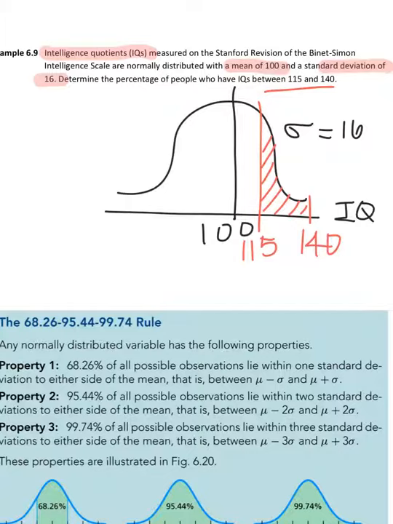We can't use the z-table, because the z-table is only for the z, the standard normal distribution. So the idea is we can make it a standard normal distribution. Please look at this picture.